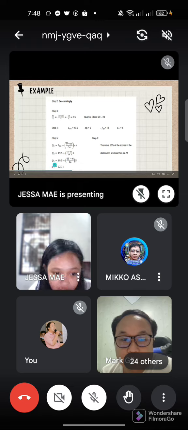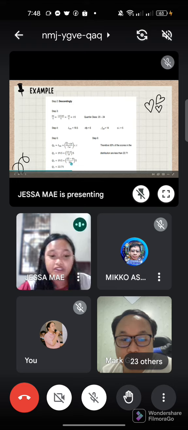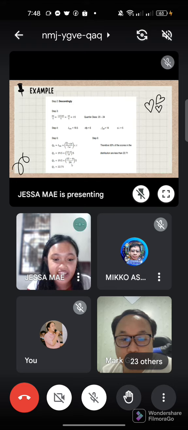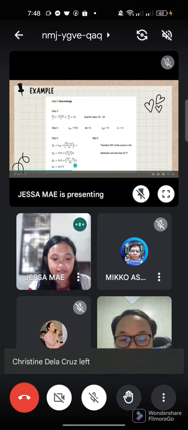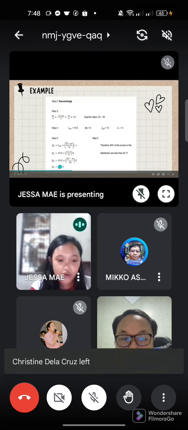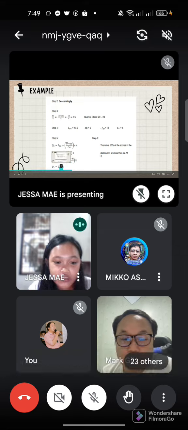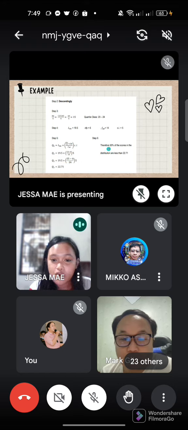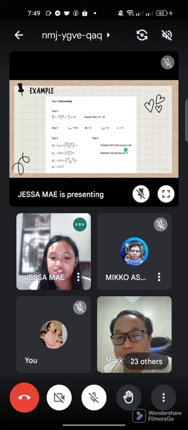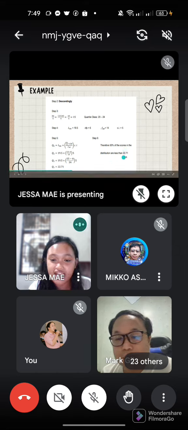So quartile 2 equals 19.5 plus 15 minus 6 equals 9 over 14 times 5. So the total is quartile 2 equals 22.71. Therefore, the interpretation is that 50% of the scores in the distribution are less than 22.71.